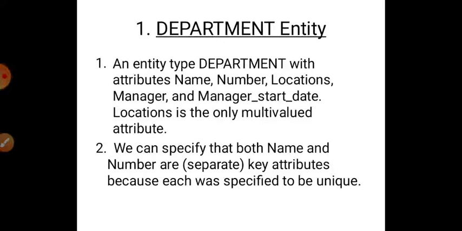Location is the only multivalued attribute. We have studied this in the just now discussion. Point number 2. We can specify that both name and number are separate key attributes because each was specified to be unique. Key attributes do not repeat and they clearly identify an entity.